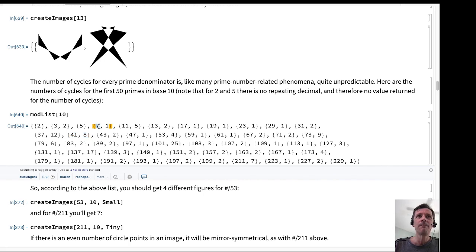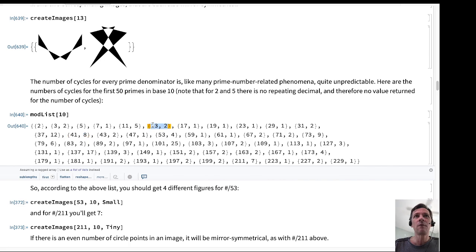Well, remember that when we had 7 and one cycle, it was a hexagon, and that number is always going to be based on the denominator minus 1, right? 7 minus 1 is 6, so I get a hexagon. 41 minus 1 is 40, and I'm going to get 8 different polygons, so each one of them is going to be a pentagon, because 8 times 5 is 40.